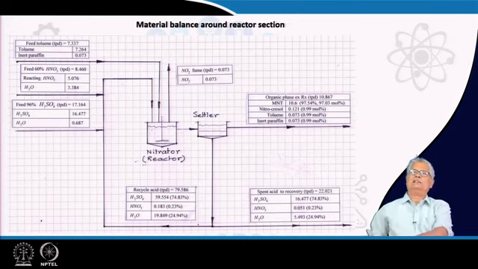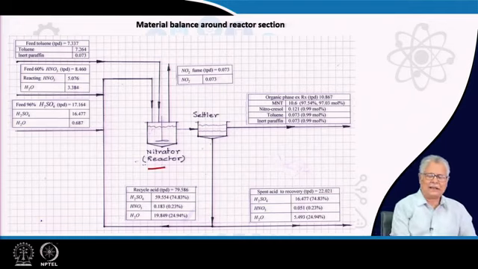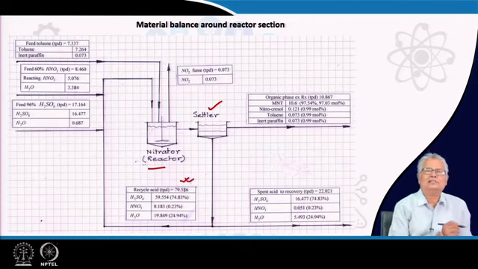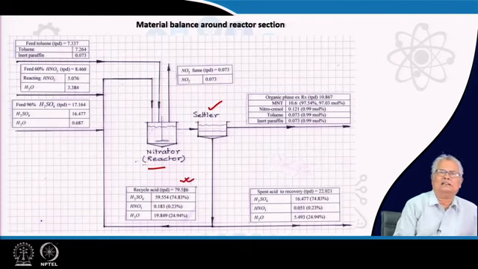Let us have a look at the material balance around the reactor section. What you have there is a nitration reactor and a settler. You notice here there is a large amount of recycle. The recycle is close to about 80 tons per day.